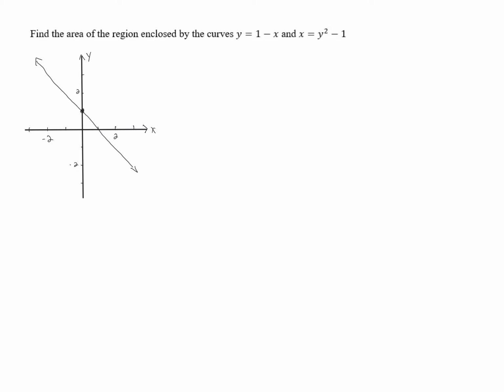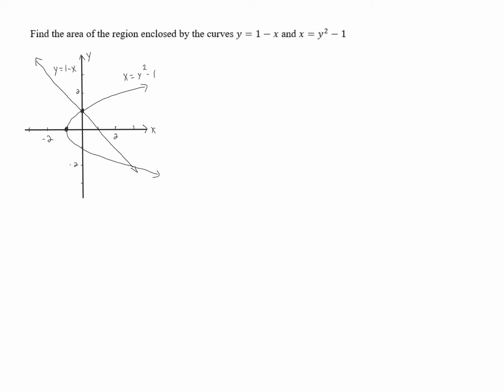If it was x equals y squared, that would be a parabola with a vertex at the origin opening to the right. But because it's minus 1, that actually moves it to the left 1. And so it's going to be a parabola that looks something like this. This is our x equals y squared minus 1. And this is y equals 1 minus x.